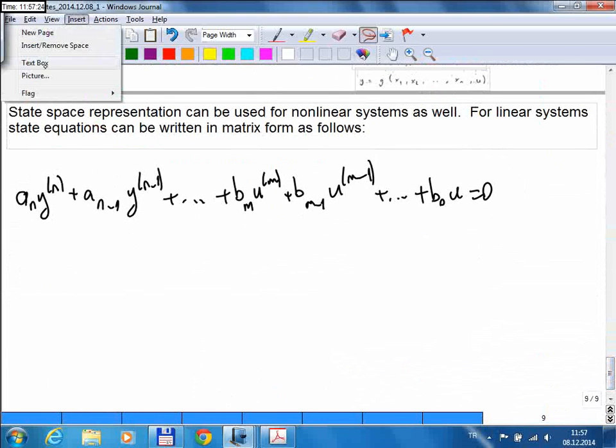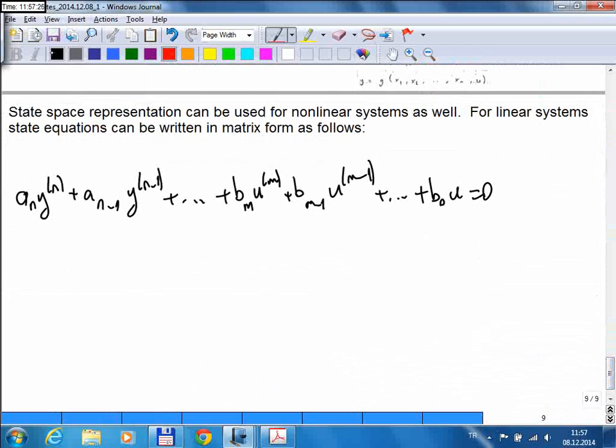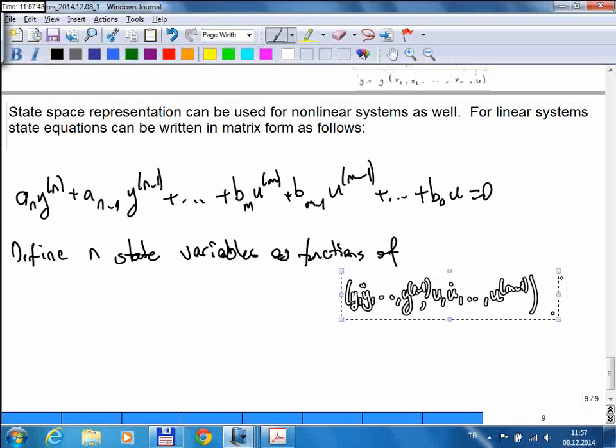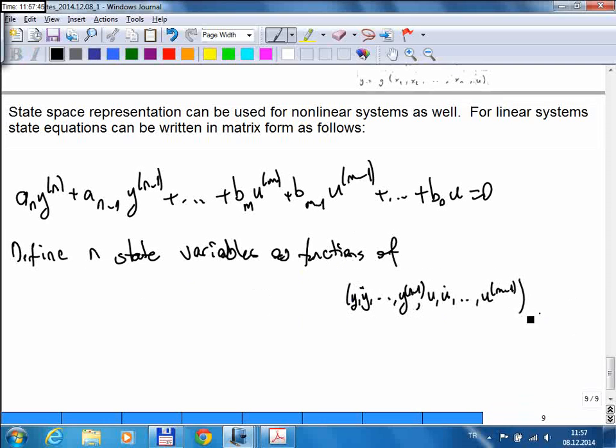In this case, we define n state variables as functions of these terms.